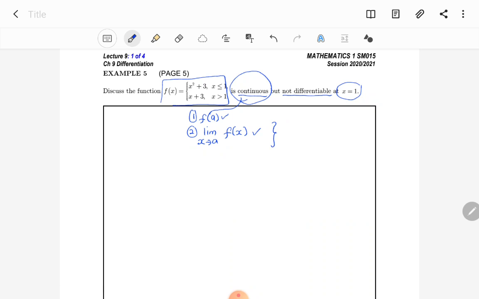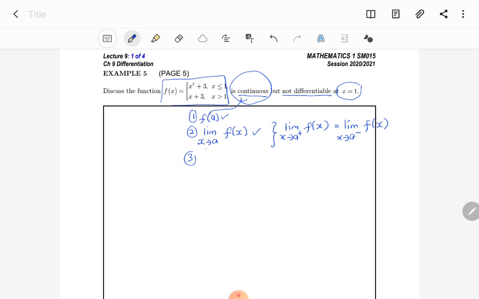For this case, we need to consider the limit of f(x) as x approaches a from the right, a positive, must be equal to the limit of f(x) as x approaches a from the left, a negative.